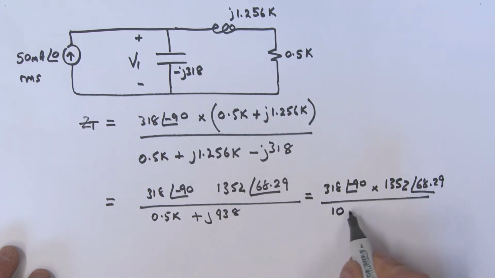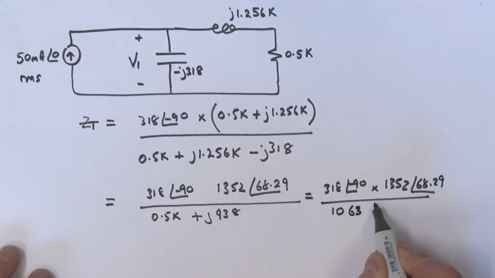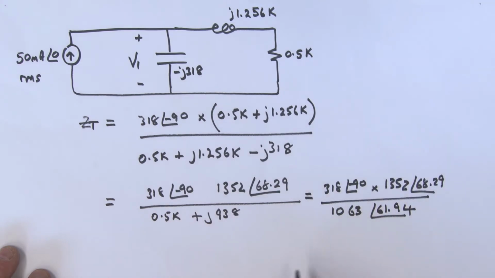We have 1063 and an angle of 61.94. Okay, now it's easy. I can multiply these 2 parts here, the magnitude parts, and then I can divide it by the 1063. And then I can add the angles, bring this angle up to the numerator, and changing its sign.